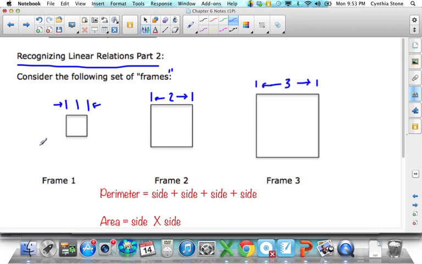Perimeter equals 1 plus 1 plus 1 plus 1, or 4. So that's what you fill out in the table of values. Here, the perimeter is going to be 2 plus 2 plus 2 plus 2, or 8. And here, it's going to be 3 plus 3 plus 3 plus 3.